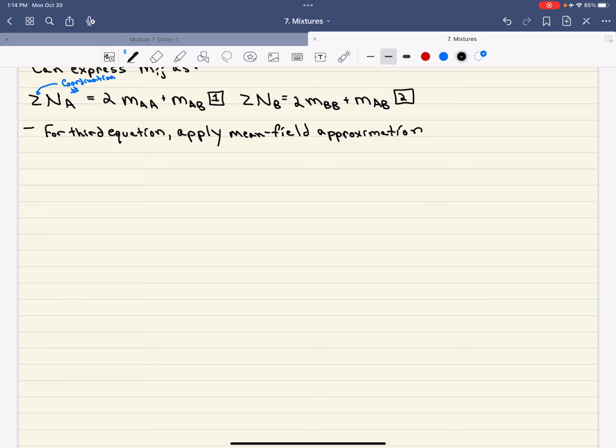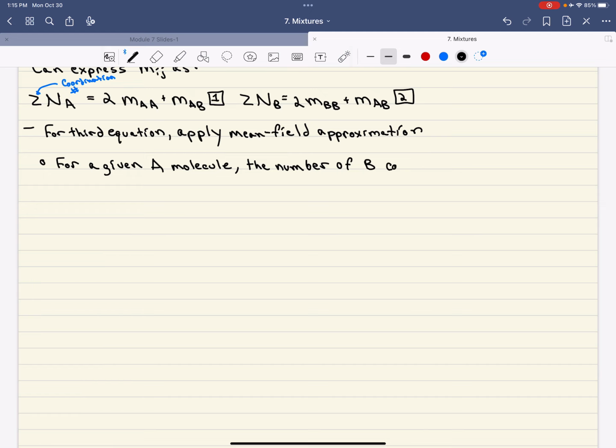And so for this assumption, let's say you have an A molecule. We're taking the point of view of an A molecule, and we want to figure out how many B molecules it's able to interact with, or how many B contacts it forms.